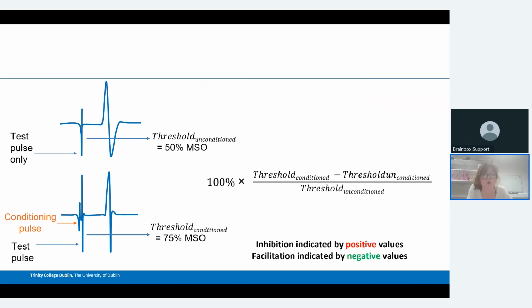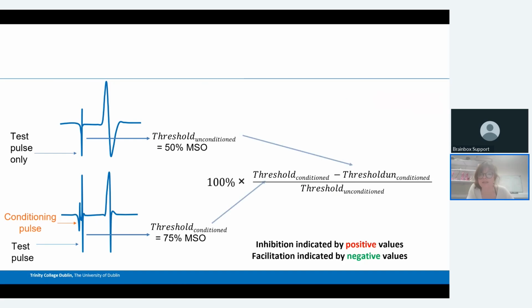So we have to turn up the stimulator. And if you think about it in terms of inhibition, it's because we need to turn up the test stimulus to override, or surmount, the inhibitory effect that the conditioning stimulus is having. So it's a bit like back to front to fixed intensity TMS.